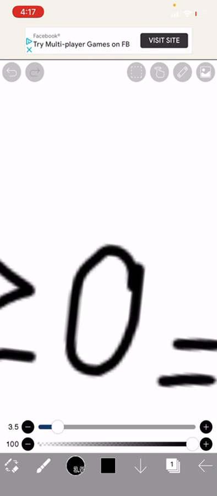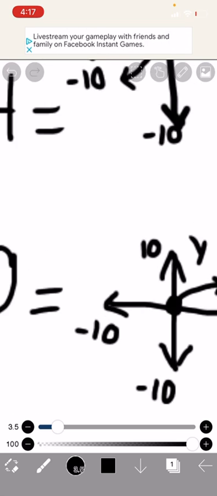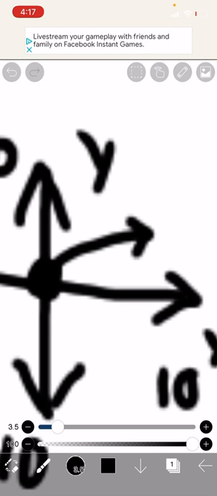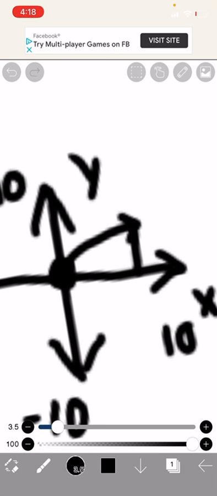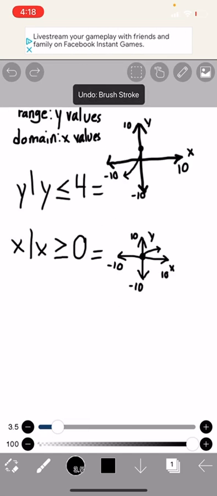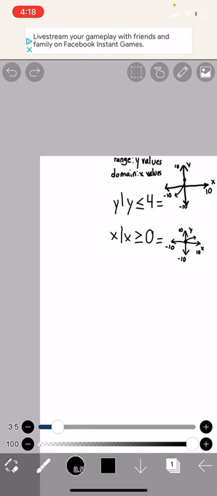So 8 is greater than 0. You know, all of our other values are going to be equal to 0. We bring this down and look at y. Well, it's going to be 0. It's going to be greater than or equal to.